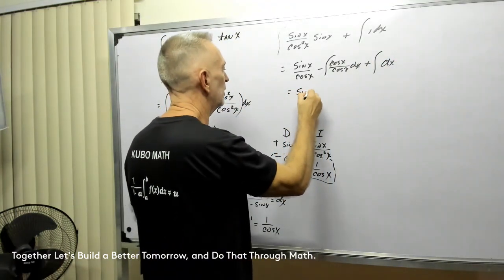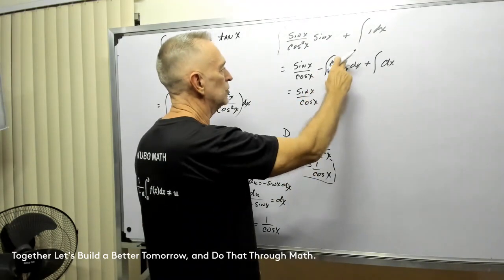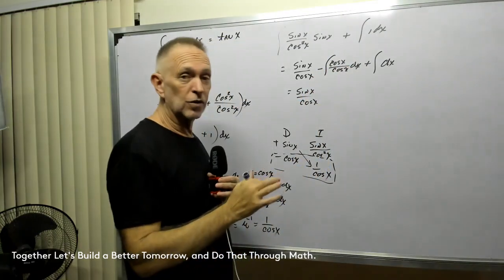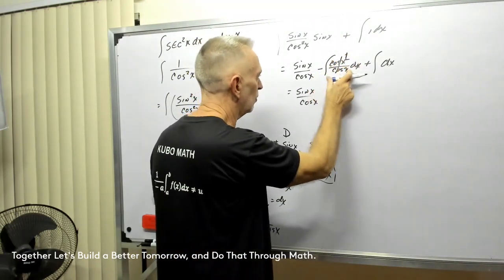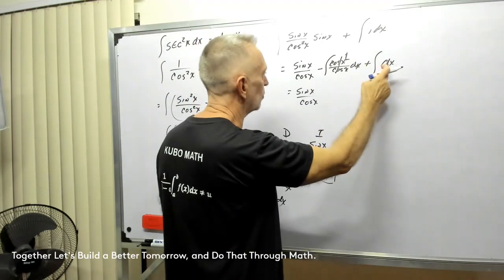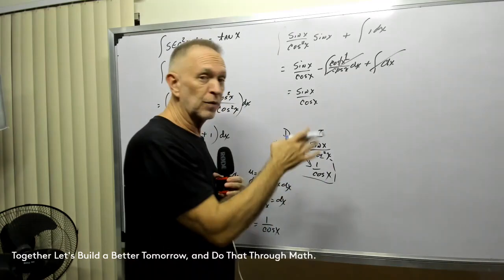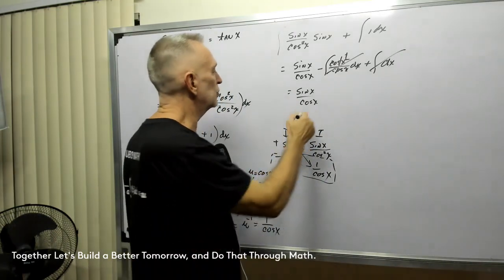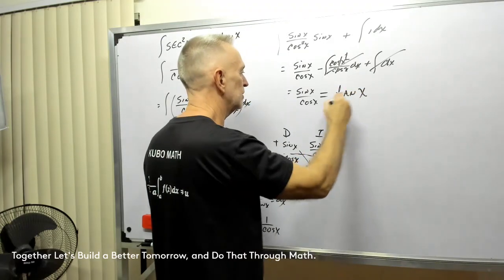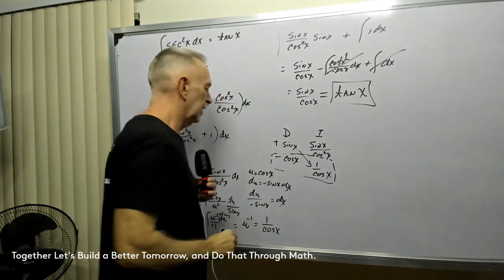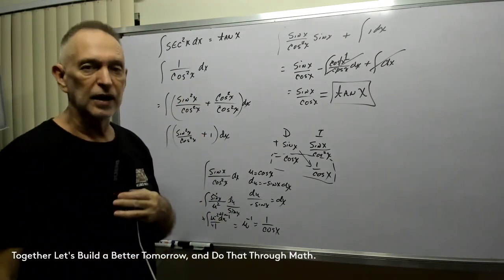So what do we have here? Sine x over cosine x, minus the integral of cosine x over cosine x, which is 1, so minus the integral of 1 dx, plus the integral of 1 dx. So these two cancel each other, and I'm left with just sine x over cosine x, which is tangent x. And that, my friend, is how you would integrate secant squared x.